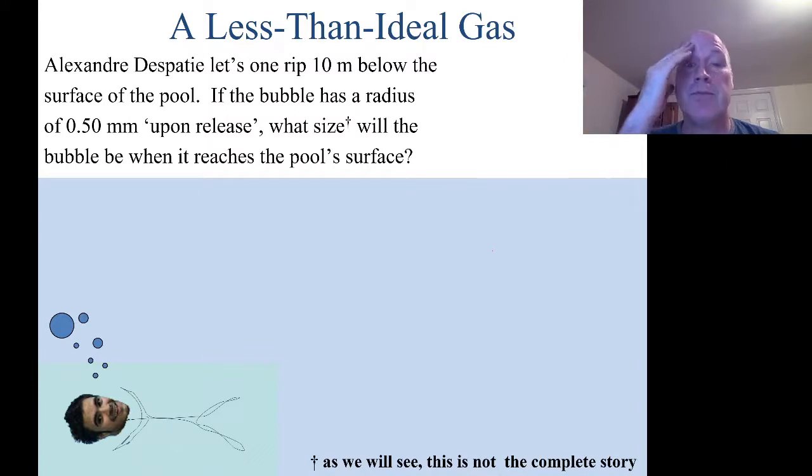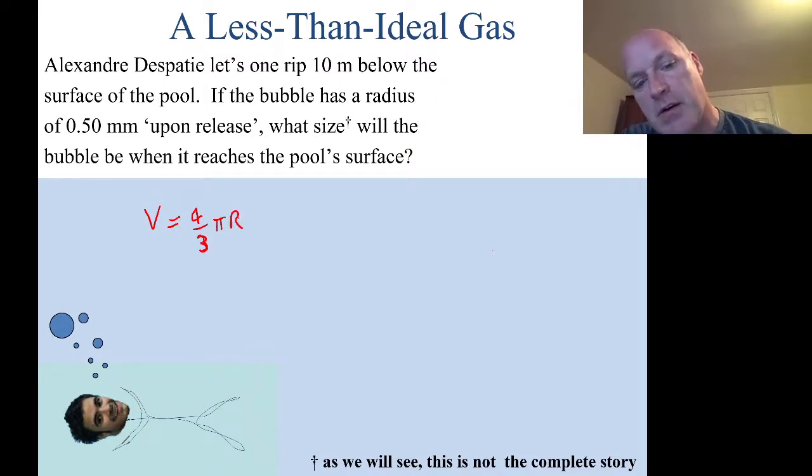We also had to know that the volume of the bubble was V equal to 4/3 pi r cubed. There were lots of things we had to pull out to do this problem, and the first time around that can be tricky, but after you've seen it, you've got to know these assumptions.